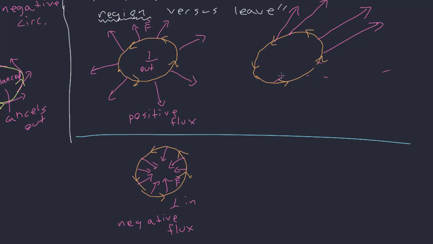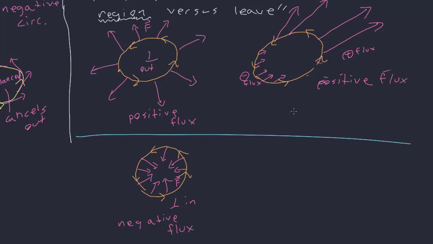And on this side, there are little bitty guys entering. Well, this would likely give us negative flux, while this would give us positive flux. However, there's more positive flux than there is negative flux. So overall, this would be positive flux.